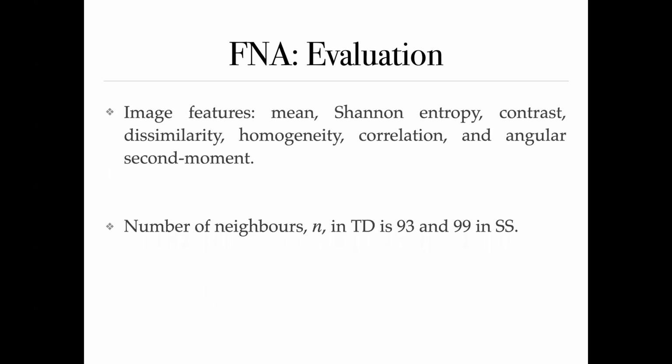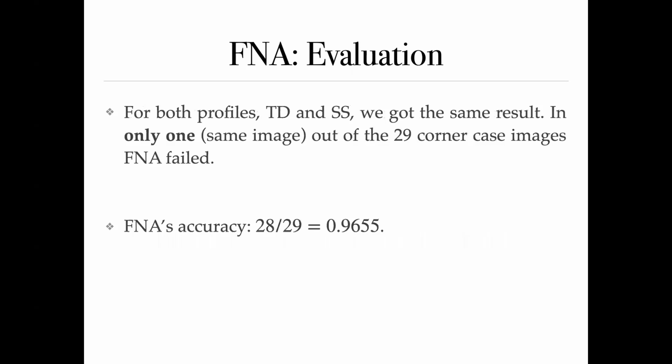Image features were mean, channel entropy, contrast, dissimilarity, homogeneity, correlation, and angular second moment. 93 neighbors were defined for the TD profile and 99 for the SS profile. For both profiles, we got the same result. Only 1 image out of the 29 corner case images, only this image, our technique failed. This provides an accuracy of 0.9655, which is very promising based on the fact that the technique is straightforward.